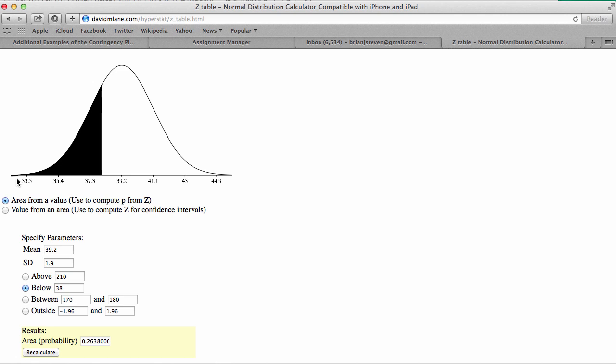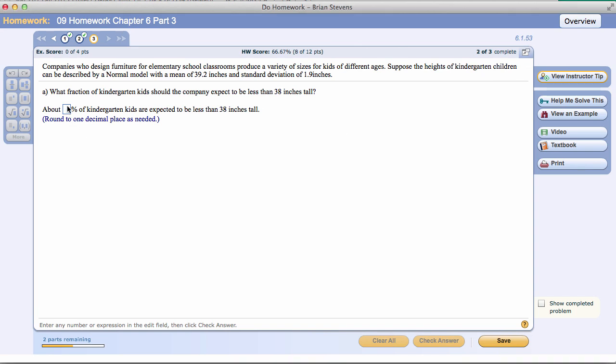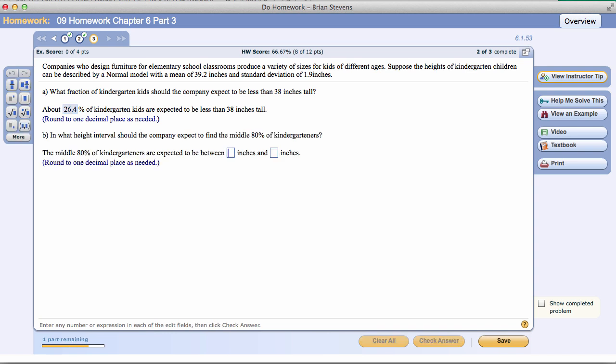So you can enter in 0, that works, or -999 for your lower, comma, and then 38, and then comma, the mean, which is 39.2, and the standard deviation, which is 1.9. And this will obtain us the same answer we have on the screen of 26.38. Round to 1 decimal place, 26.38 rounds to 26.4.